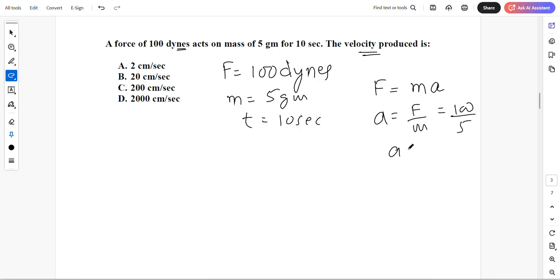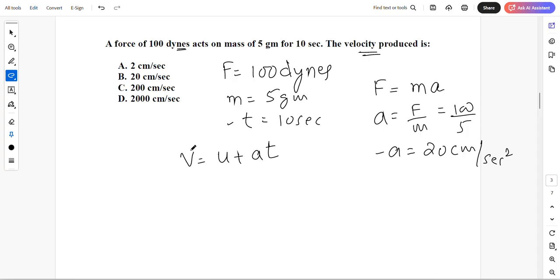So a will be equal to 20 centimeters per second square. Now you are supposed to calculate velocity. From the first equation of motion, V is equal to U plus AT, because I know T, I know a.